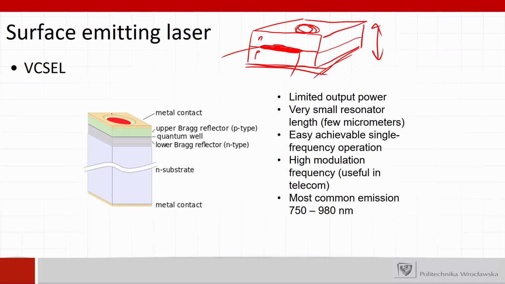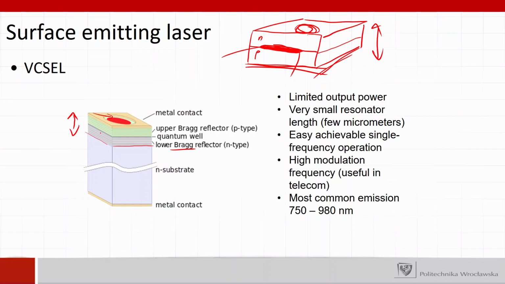So we have this aperture here. The active region is visible here in red, and we have a reflector on the bottom. So we have a lower Bragg reflector in this case, right? So we can have Bragg reflectors. And these lasers have smaller sizes because the length of the resonator is very small, just a few micrometers.